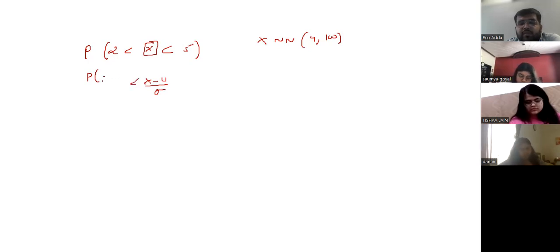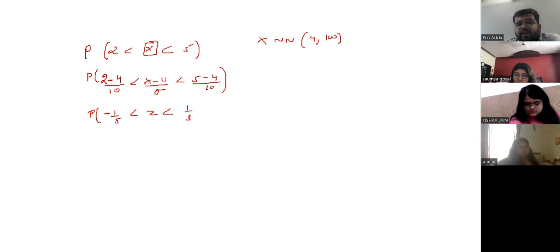I need to do the same operation. 2 minus mu, which is 4, by sigma, which is 10. Same operation, 5 minus 4 by 10. What will you get? You will get minus 2 by 10, which is minus 1 by 5, less than z, less than 1 by 10.